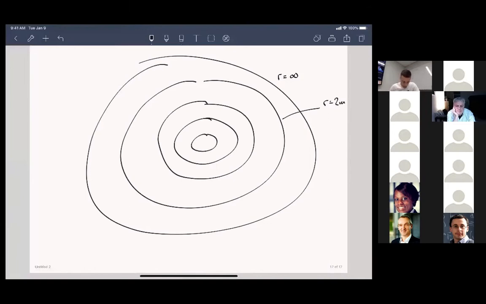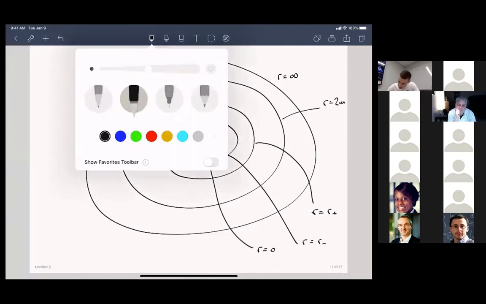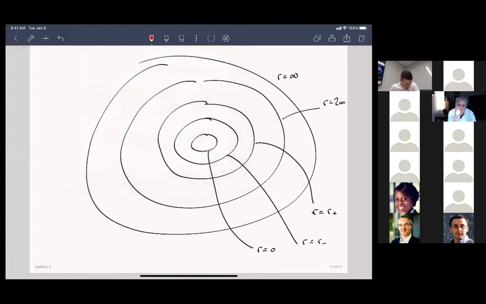It's rather complicated, very ornate. And then these regions here.